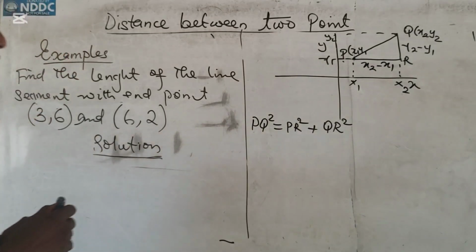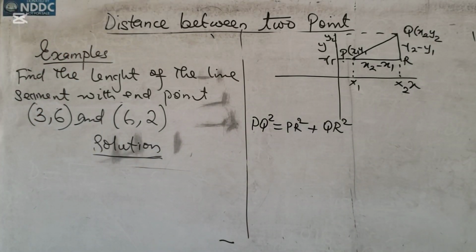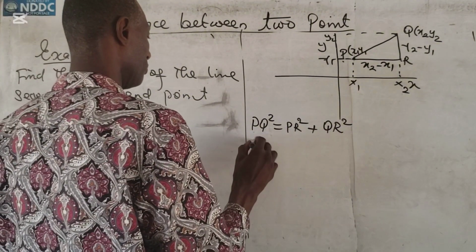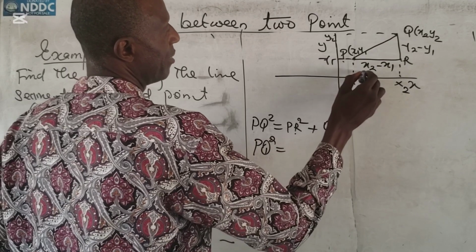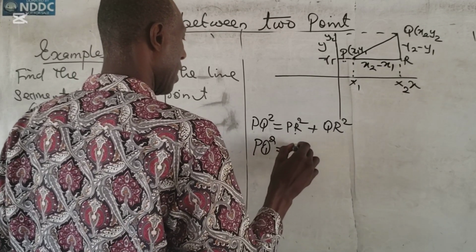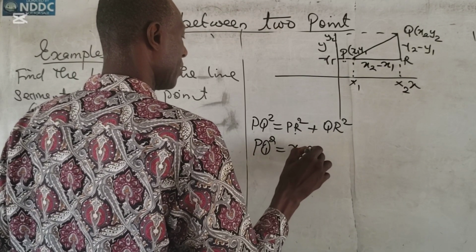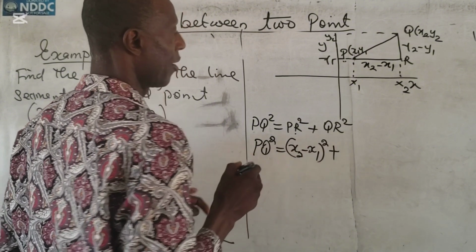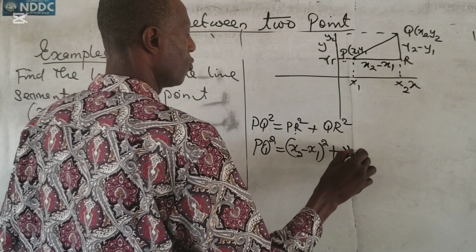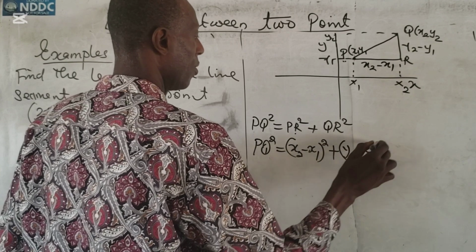Actually, Pythagoras theorem says that the square of the hypotenuse is equal to the sum of the squares of the other two sides. Let's say PQ now. What is PR? It is x2 minus x1, all squared, plus what is QR, which is y2 minus y1, all squared.